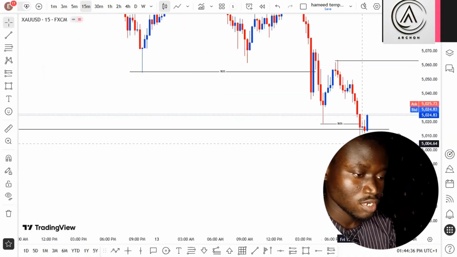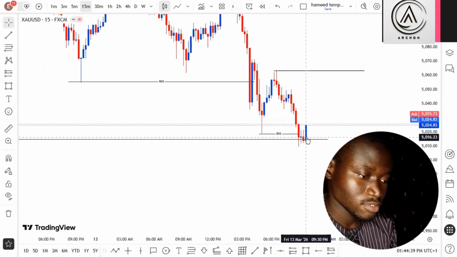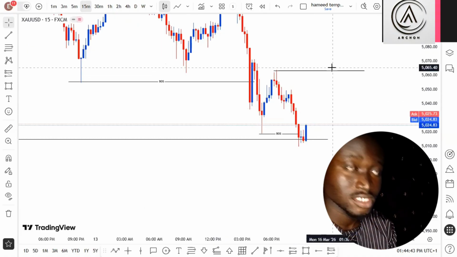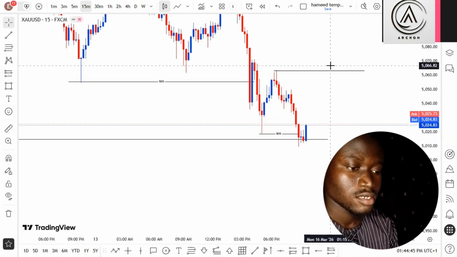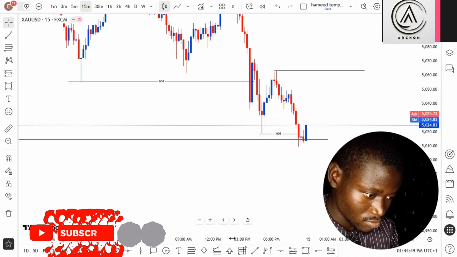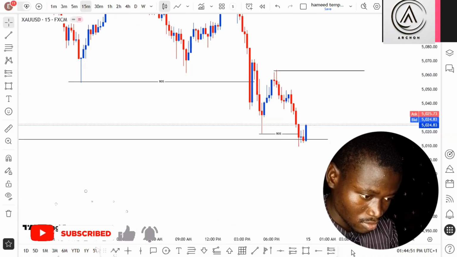So with what we have here, for a buy move, we have to wait for the market to break this high and reverse to the downside. Let me do something so that we can understand what I'm saying.